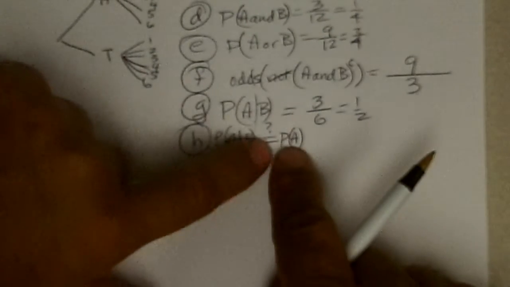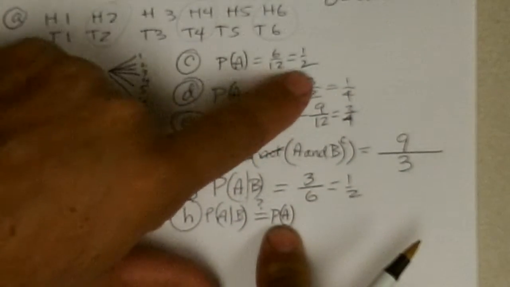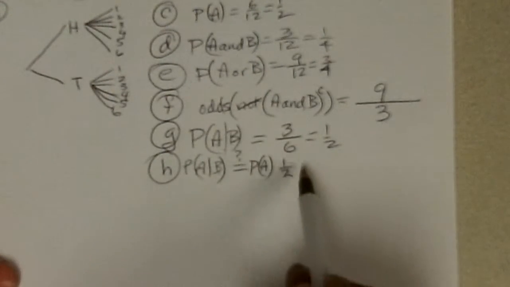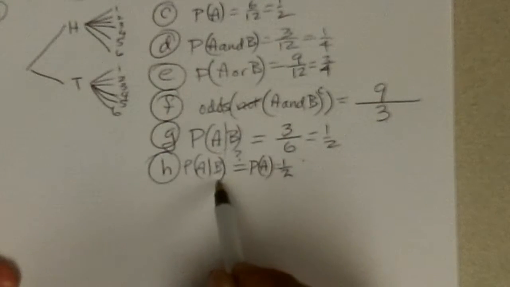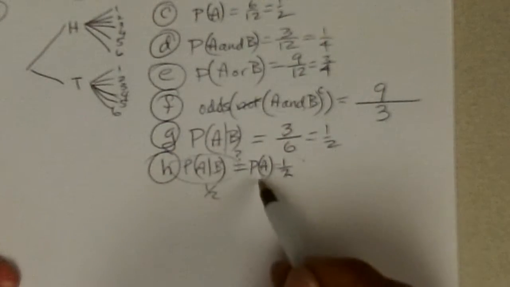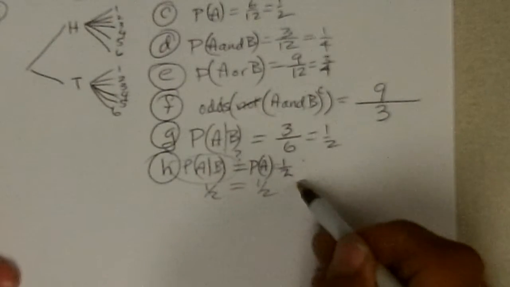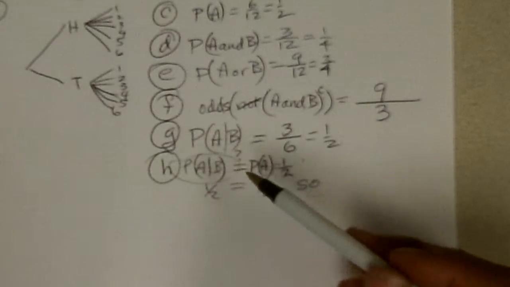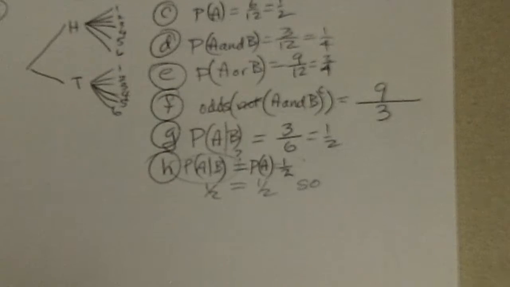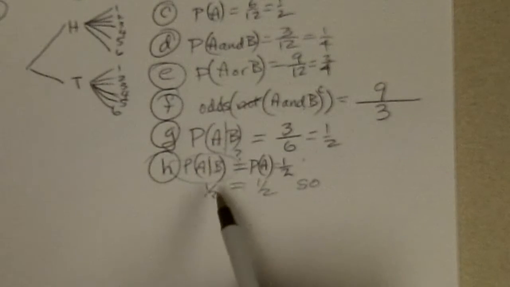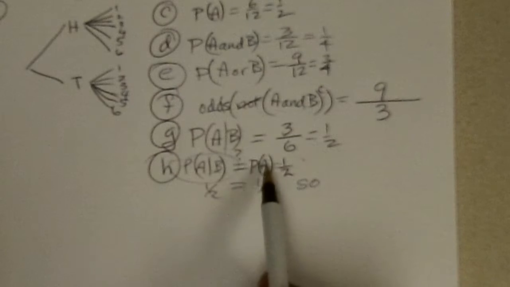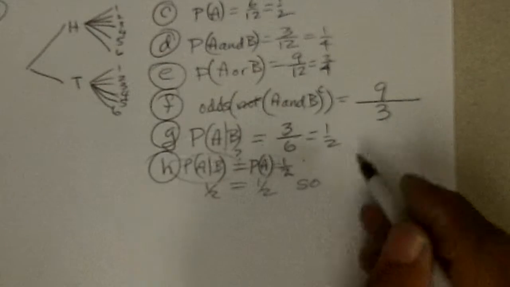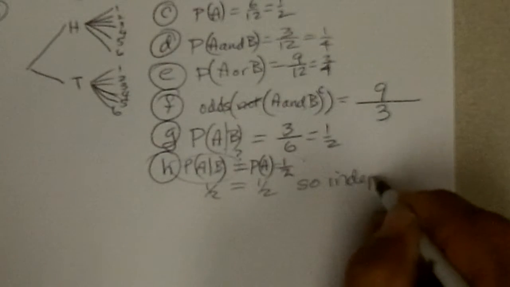Well, the probability of A we did earlier, and that was 6 out of 12, or 1/2. So I would write these are equal, because this is 1/2, this is 1/2. They are equal, so A didn't depend on B. Knowing B happened didn't change the probability of A. And so they didn't change, so independent.